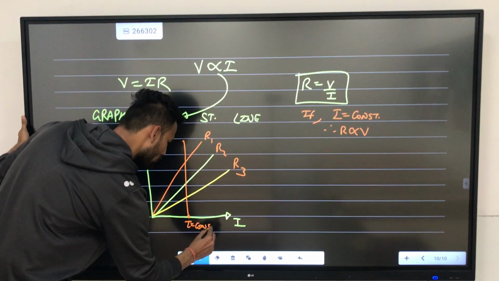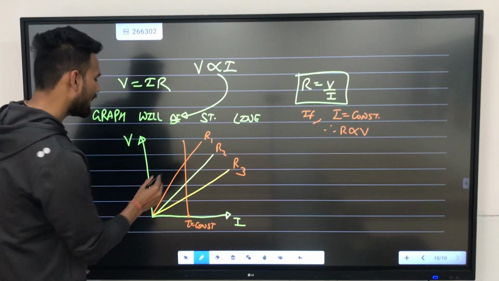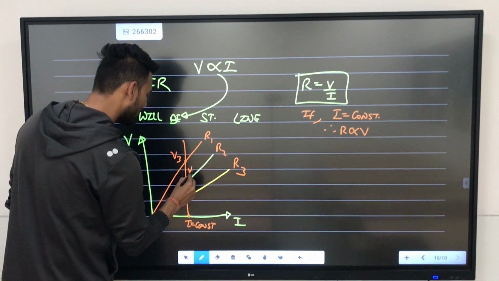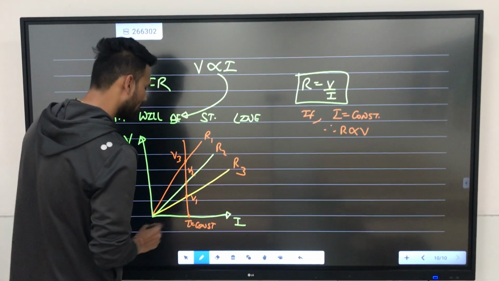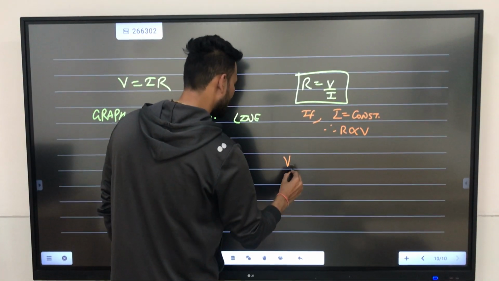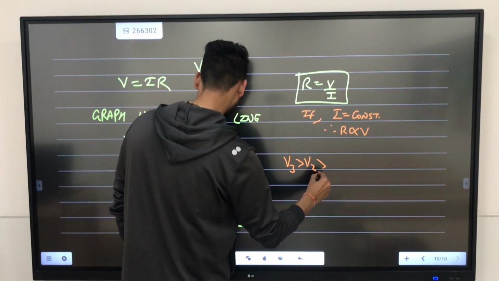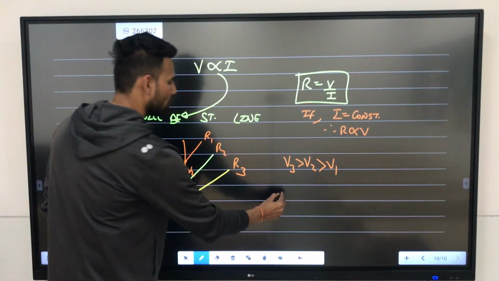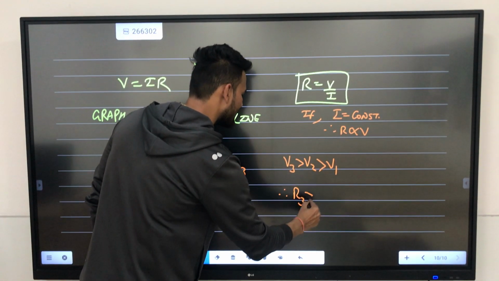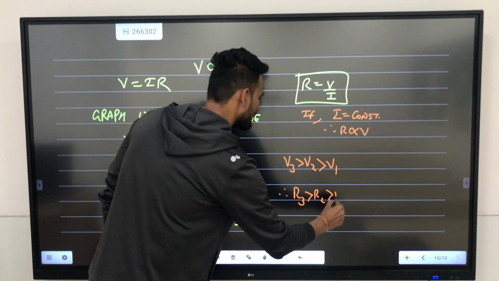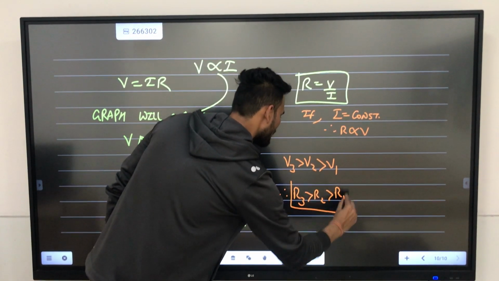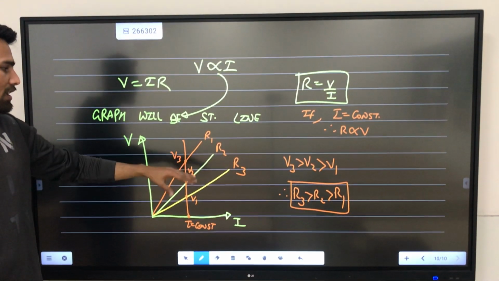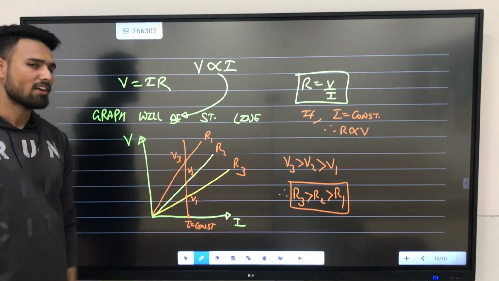And if the current is constant, we know that if this is V3, this is V2, this is V1, then V3 is greater than V2 is greater than V1. Since R is directly proportional to V, we can say that R3 is greater than R2 is greater than R1. So in this way, we can find out the relation between the resistances of the different graphs.